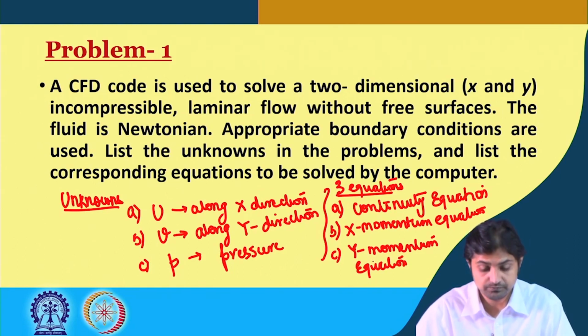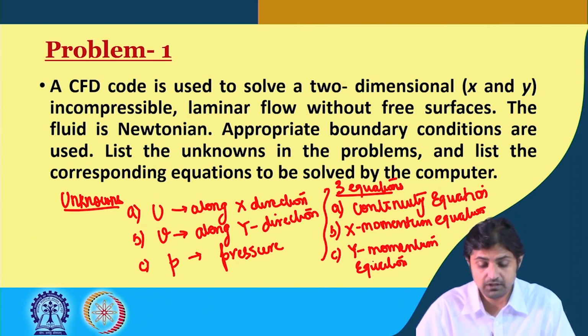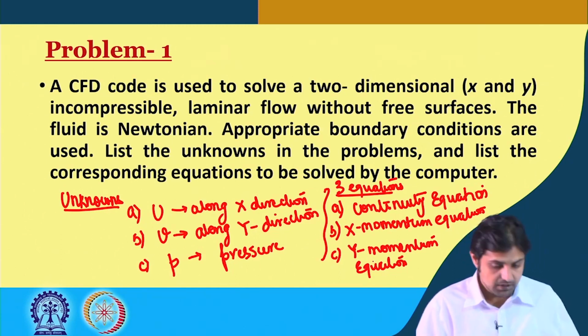All right. So this was quite simple to imagine or guess: in two dimensions only the two velocities and the pressure are going to be the unknowns, and therefore to solve we just need the three equations as continuity, x momentum and y momentum equations. All right.